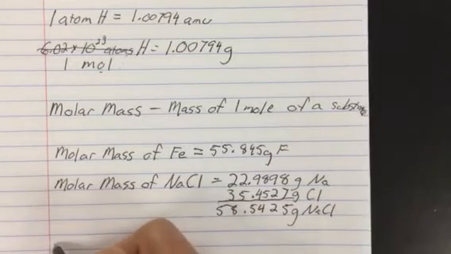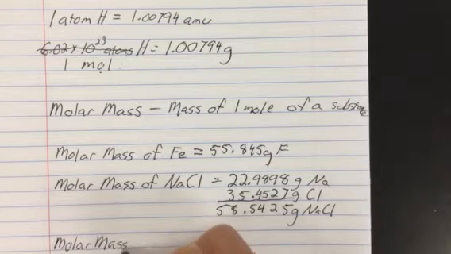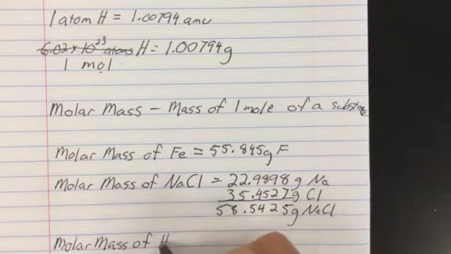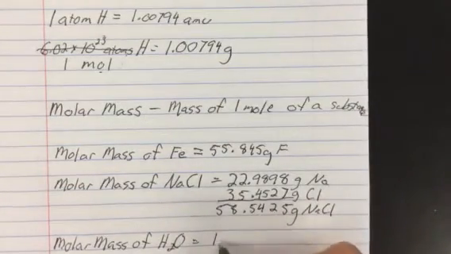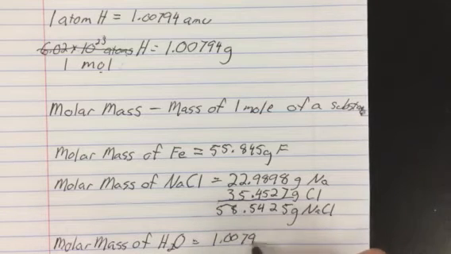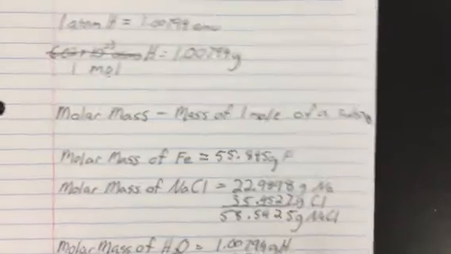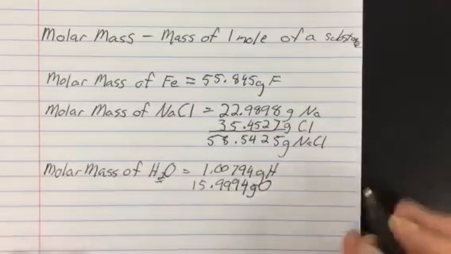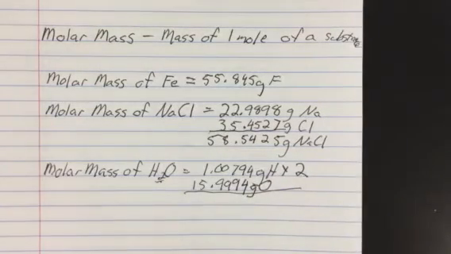One more example. What if I need the molar mass of water? Well, I can look those numbers up, and I'm going to get hydrogen is 1.00794 grams, and you'll find oxygen is 15.9994 grams. But I have that 2 right there also, which means I need to take this number and multiply it by 2 before I put them together, which means I'm going to need a calculator.